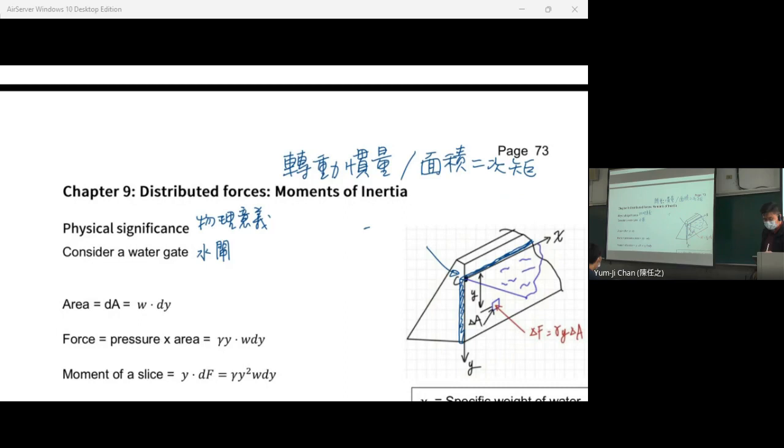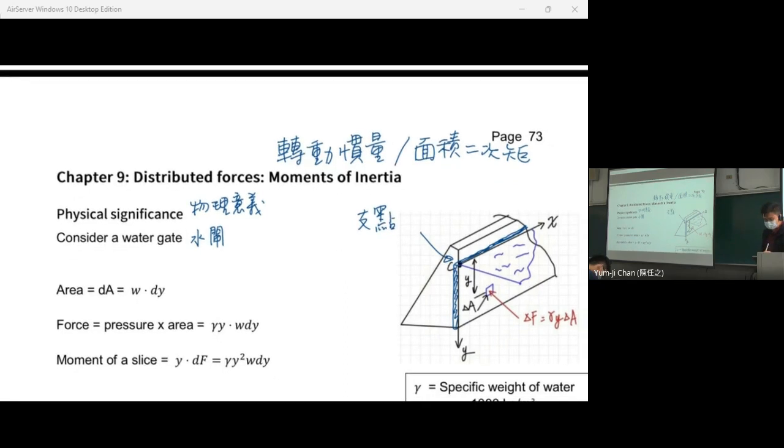In English it is, anybody knows? 支点 is pivot. So we have a water gate and we have a pivot at C and C prime. Sorry, C prime is here.